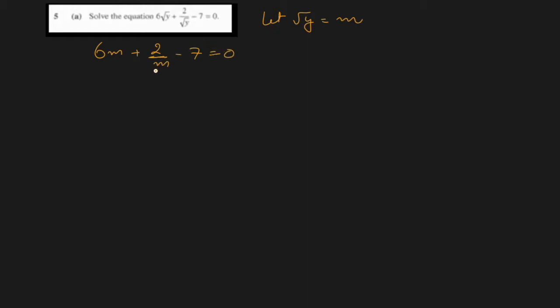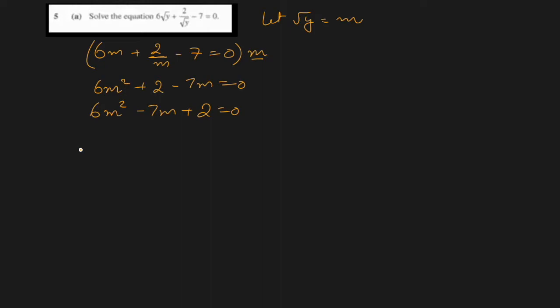And we should get rid of this denominator, otherwise it will be difficult to solve this. So multiply the whole equation by m. So m multiplied by 6m is 6m square. 2 over m multiplied by m, m and m will get cancelled out. So plus 2 minus 7 times m equal to 0. Let's rearrange it. Okay, minus 7m plus 2.